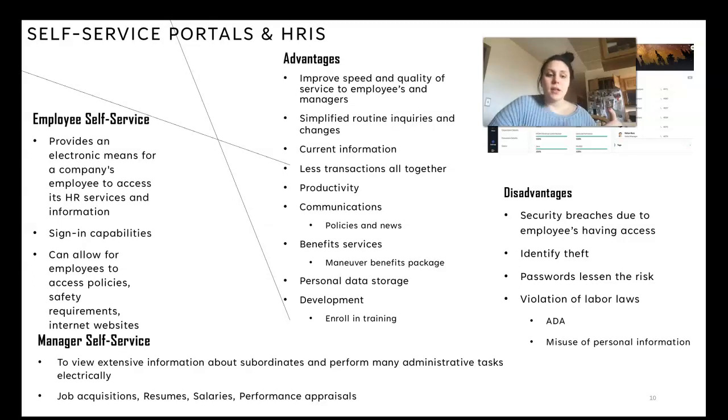And then there's manager self-service, which is important for managers to see job acquisitions, resumes, and salaries, where they can look at their company and consider promotions and everything like that. There are some disadvantages, like violations of labor laws, identity theft, and security breaches, because so many people have access to that information.